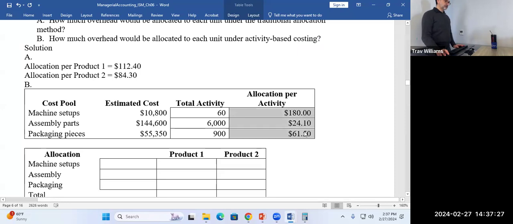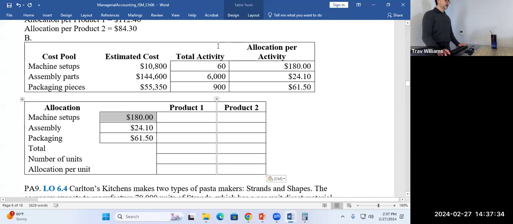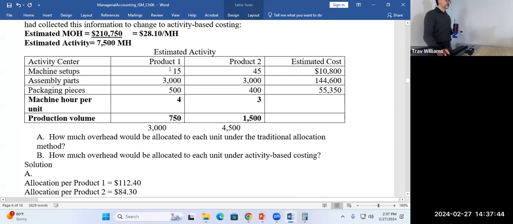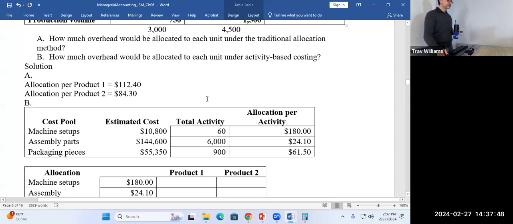Take those rates and we're going to move them down to the next table. And then we are going to multiply them by the activity for that particular product. So do you remember machine setups? It was 15 for product one, 45 for product two, right?